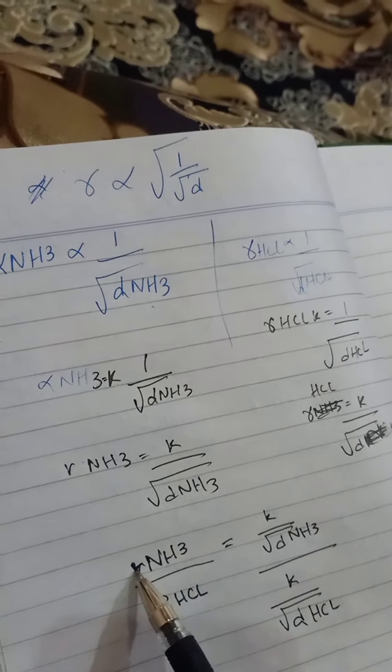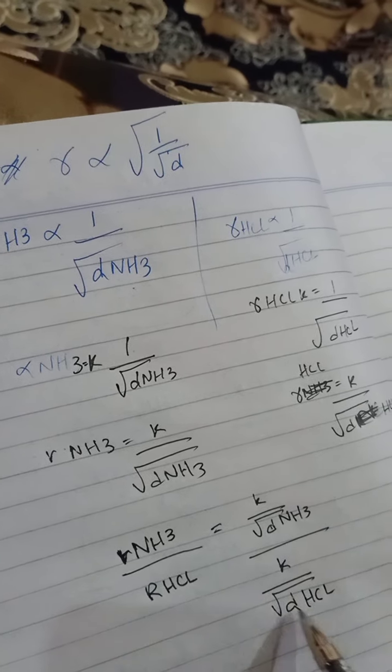Here we have the rate of diffusion and density.